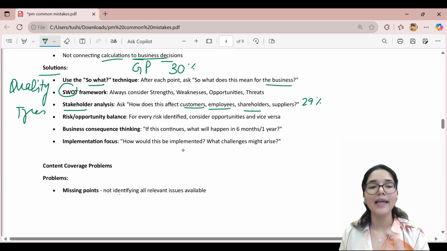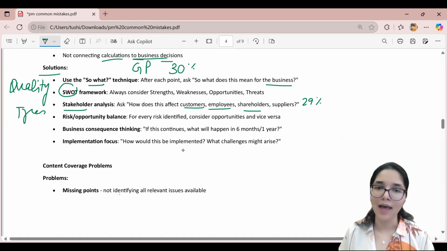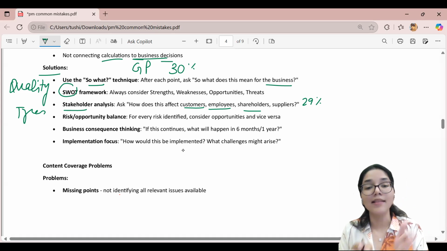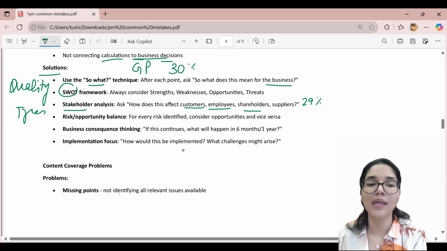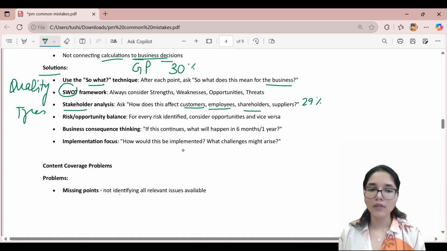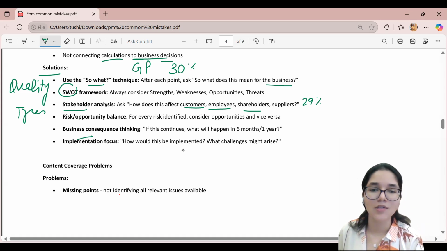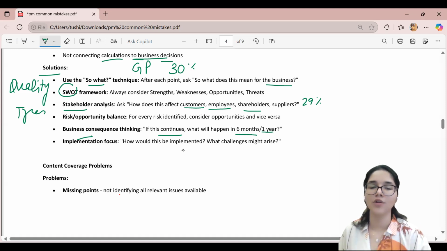That is how you will be able to enhance the analysis, and enhance the reasons that you give: if this thing has happened this way, why has it happened this way? Now, once you explain the why, also go on to think that if this continues, what will this mean for the business? So this is the consequence thinking. If it continues, what will happen in the near future, in the near 6 months, in the near 1 year?